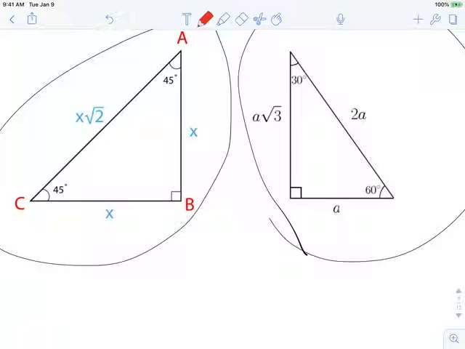The long side is a times square root of 3. The longest side, the hypotenuse, is just 2 times a. So if you remember this, shortest 30 degrees, a. Medium size 60 degrees, a root 3. Longest side, hypotenuse, that's 2 times a, and that goes to the 90-degree angle. Good with that?